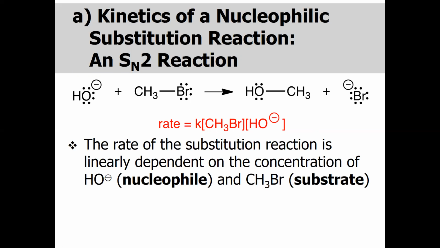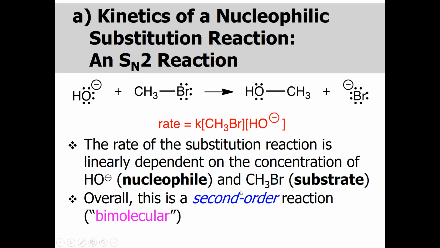For example, I'm writing here that the rate of the substitution reaction is linearly dependent on the concentration of the nucleophile and the alkyl halide, which is the substrate. So that's why this is an example of a second order reaction. Why second order? Because two molecules are taking part in the rate determining step. So SN2 is a second order or bimolecular reaction.